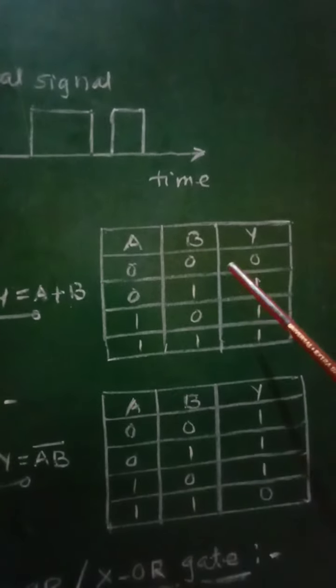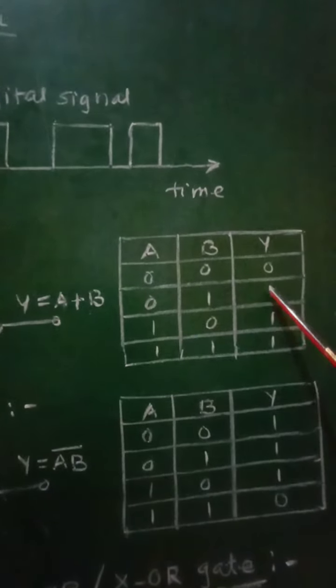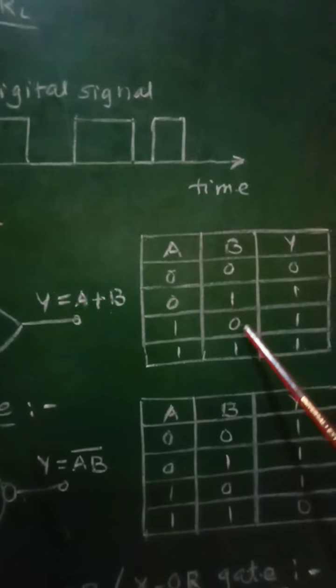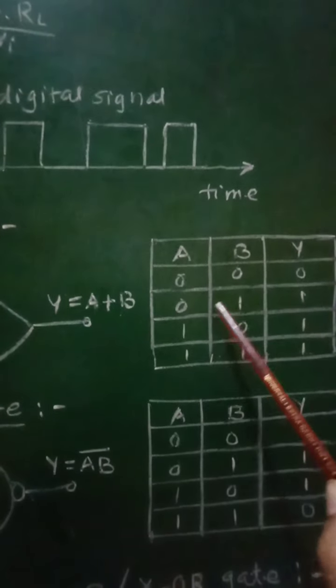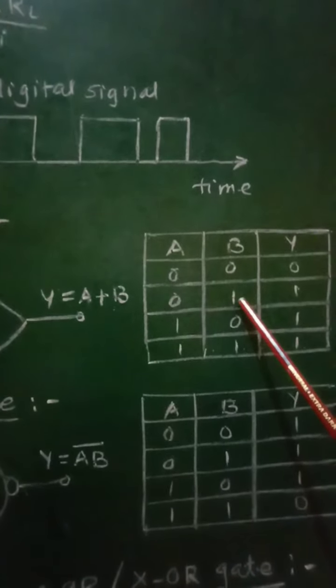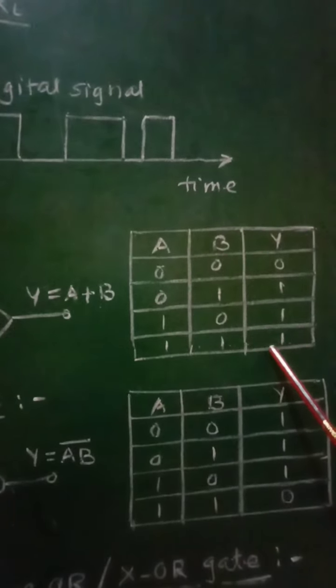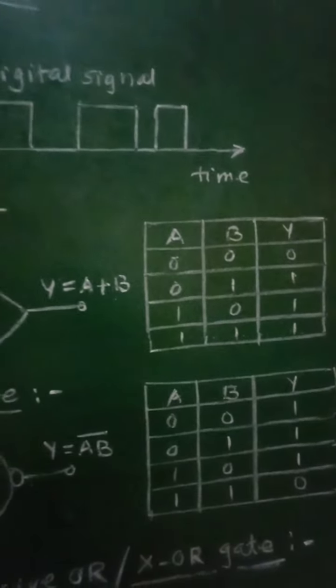So from this truth table it is clear that for the OR gate the output will be high if one or both of these inputs are high. If any one input is high or both are high, we will get output as high, and only for 0 0 we will get output as 0.